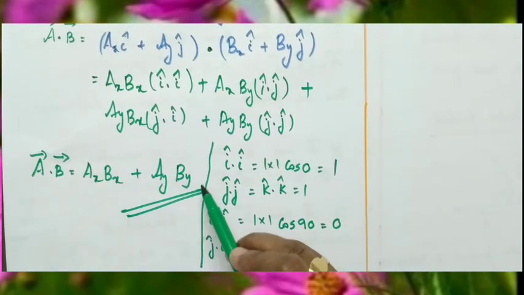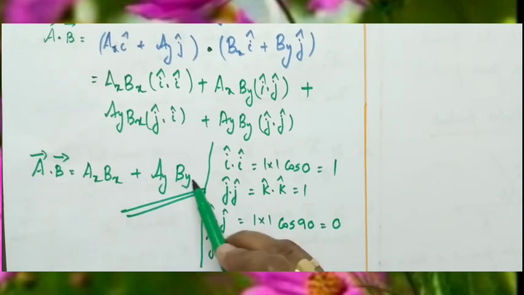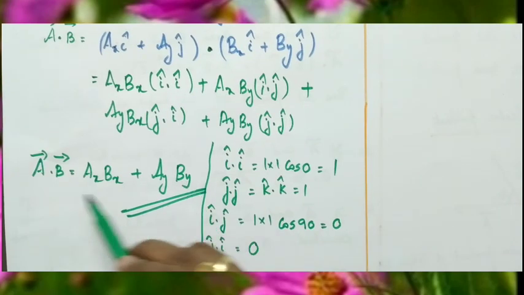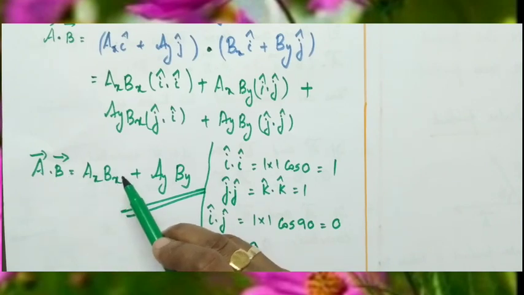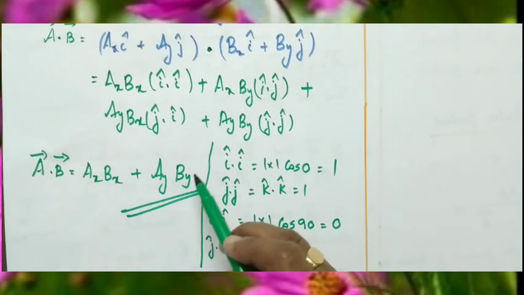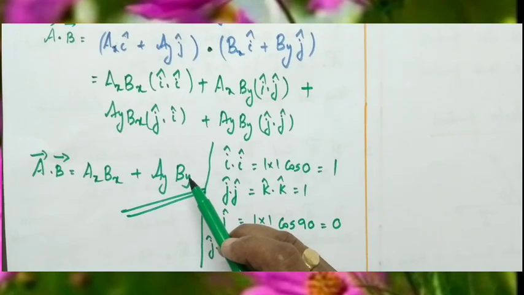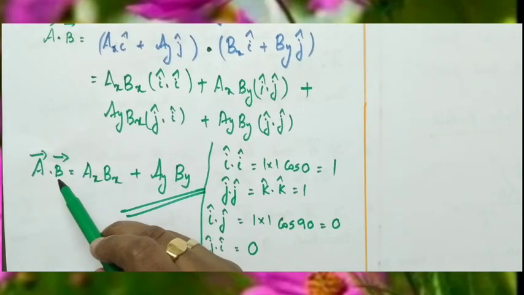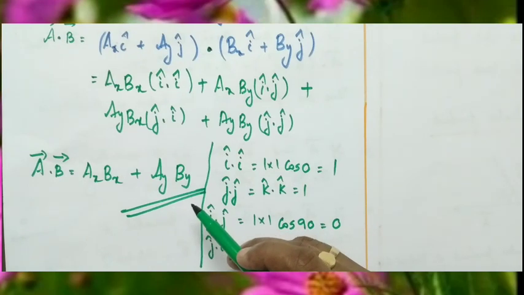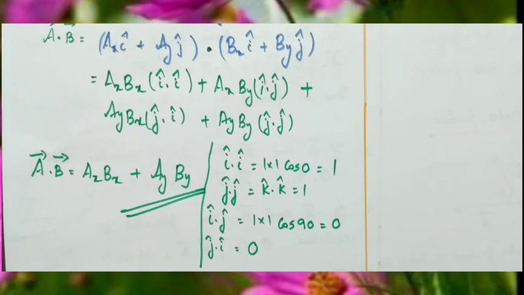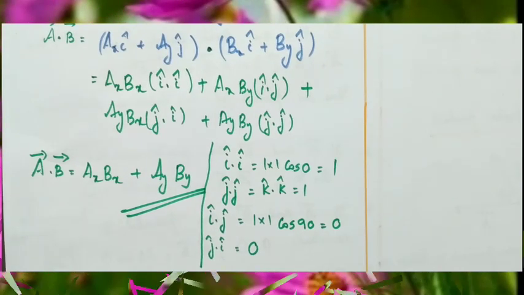Is there any i and j in this value? No. That means vector A dot vector B is a pure scalar quantity. There is no i, j or k value here. So in this method we can prove that vector A dot vector B is a scalar. So these are the properties of dot product or scalar product.